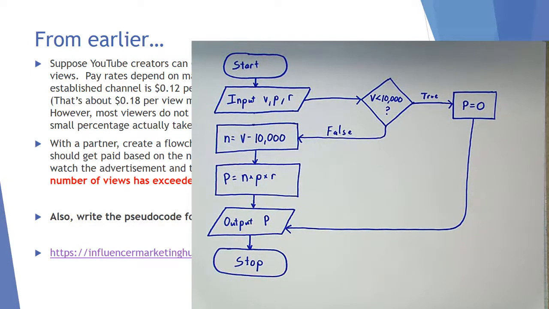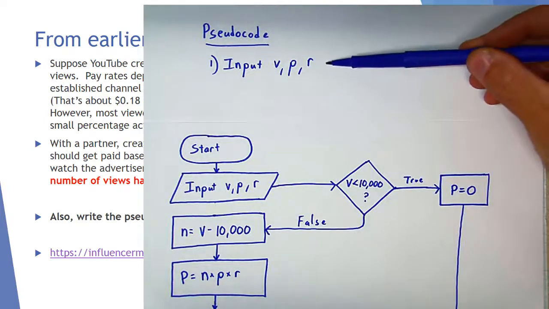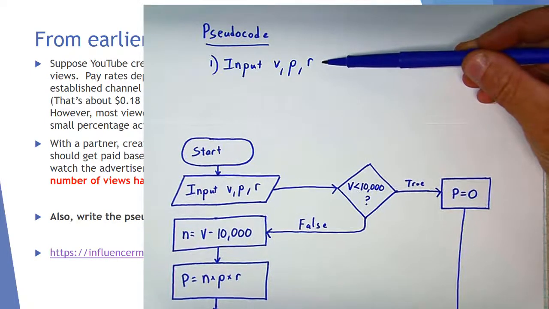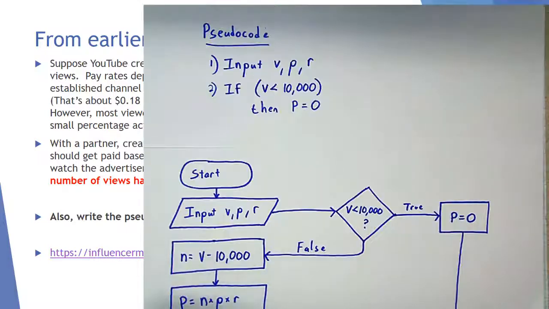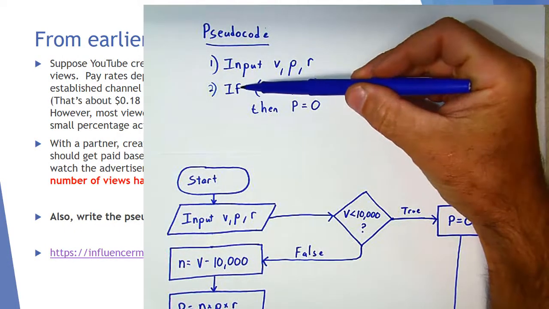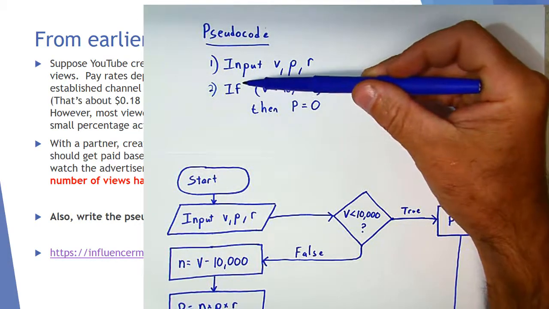Now let's write the pseudocode for that. Of course, we would start out by asking the same thing. We would need to know our inputs V, P, and R. And then we're going to have a decision point. Our first decision here is to check whether our views is less than 10,000.